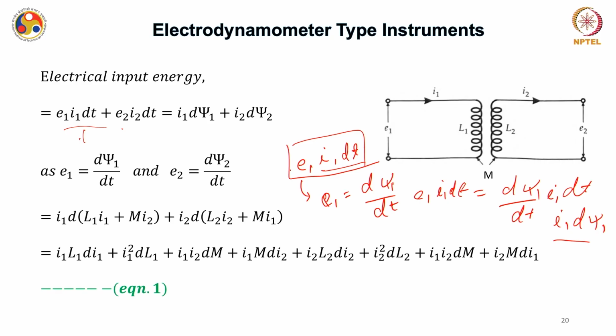So this whole term E1 I1 dt can be replaced by I1 into d psi 1 as written over here.